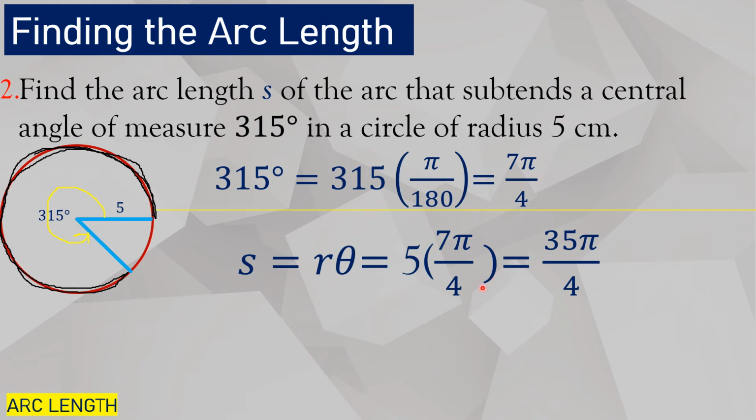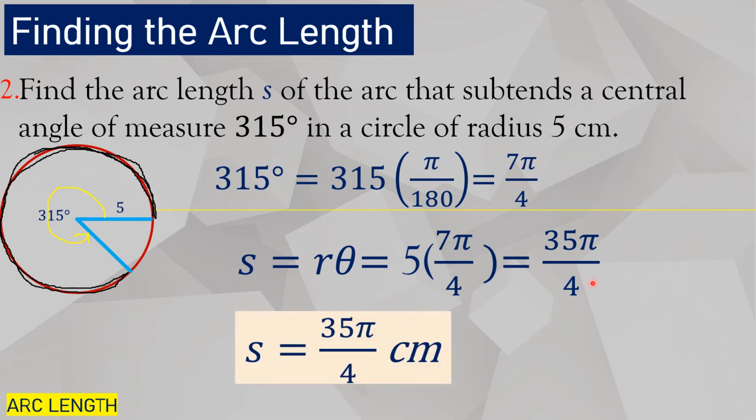Theta must be in radians, so that's 7 pi over 4. Okay, so 5 times 7 is 35 times pi, 35 pi over 4. That is now the arc length being formed by the central angle measuring 315 degrees with a radius of 5 centimeters. And that is approximately 27.49 centimeters.